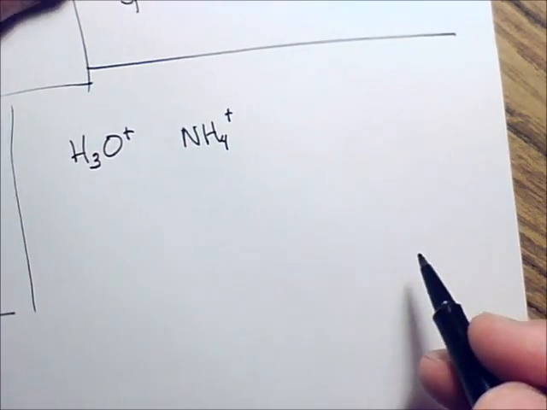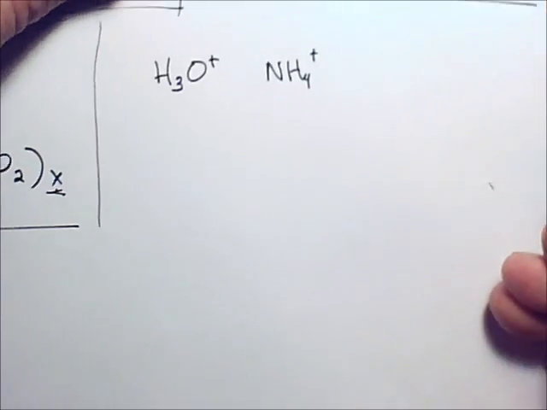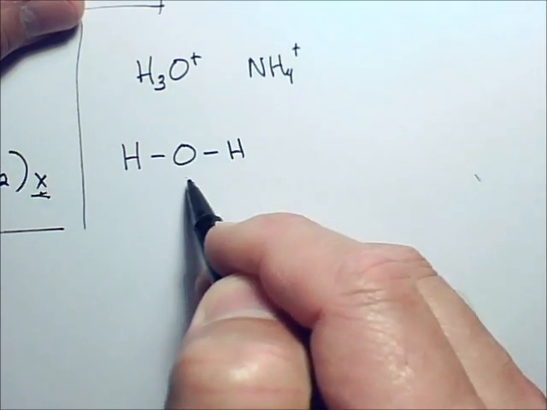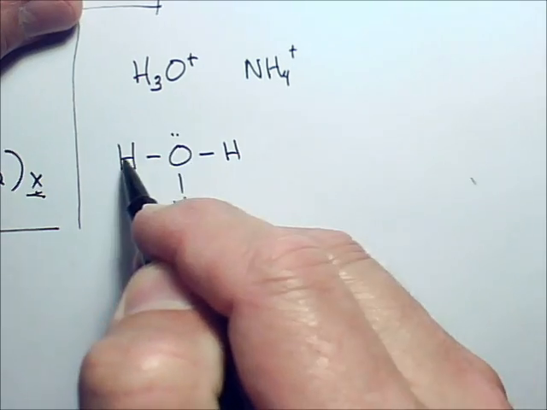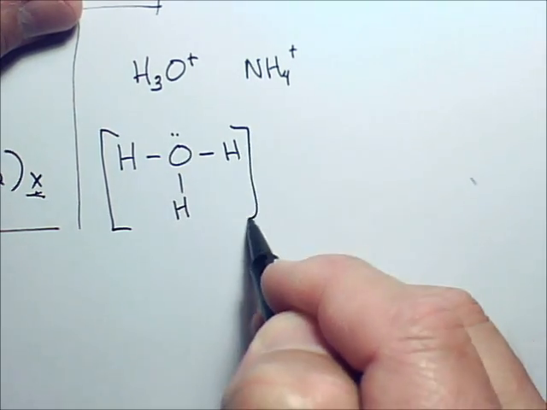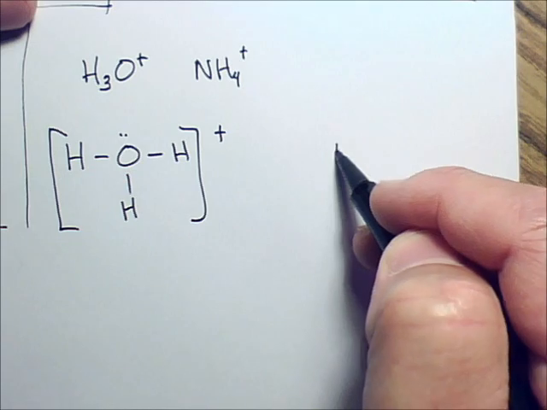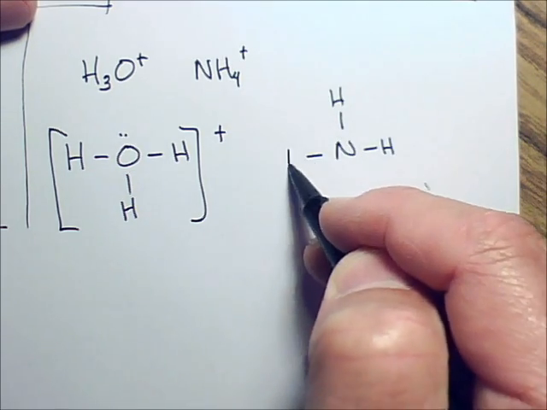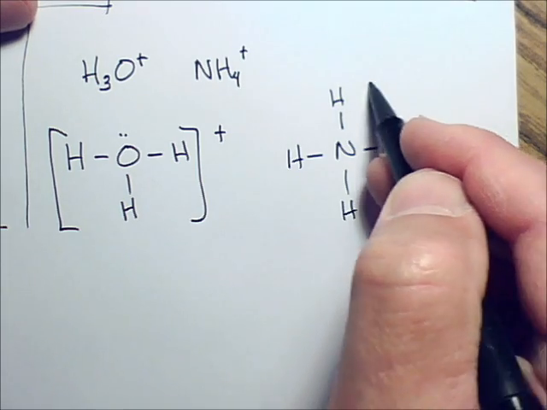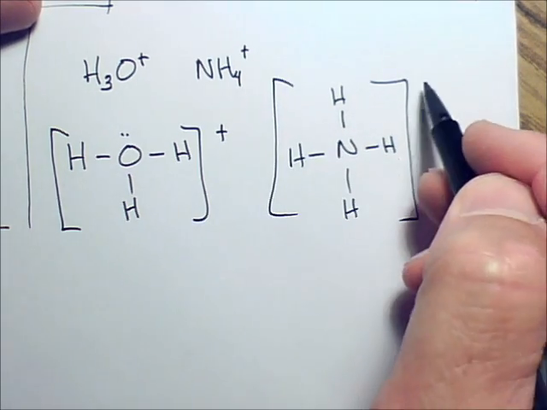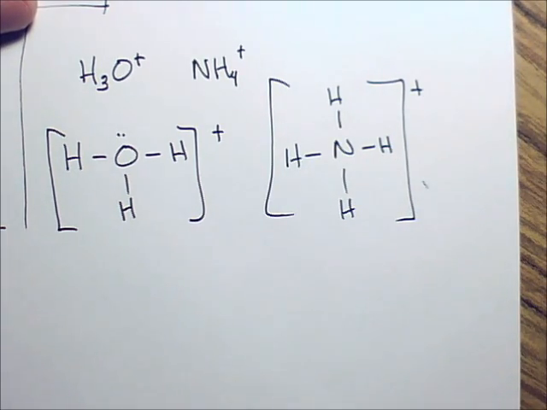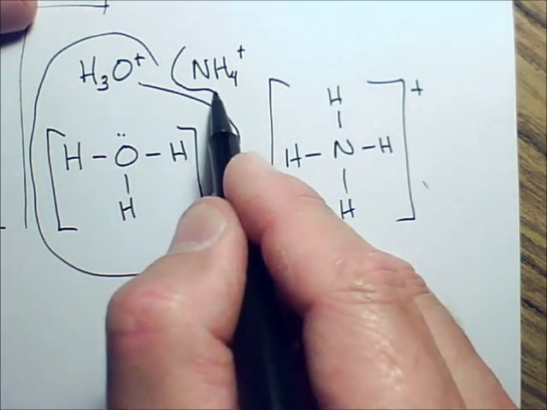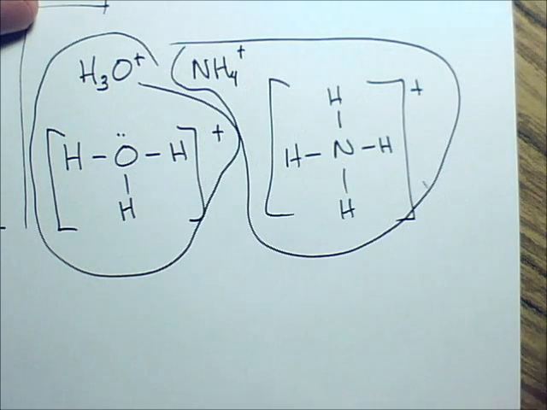Okay, the structural formula of those things, hydronium is like this, with an overall charge on the whole thing, and ammonium is like this, with a charge on the whole thing. So hydronium is this stuff here, and ammonium is this stuff here.